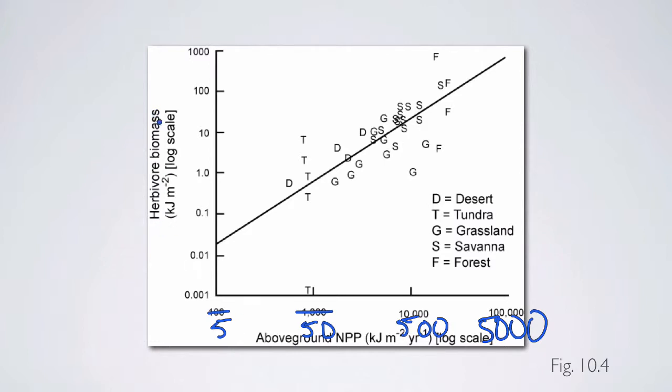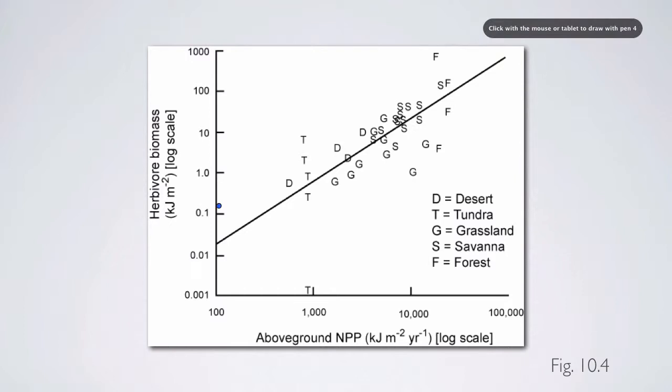And here's herbivore biomass, kilojoules per meter squared per year. You can see that when this is 100 on the kilojoule side of things, the relationship is on the order of 3 orders of magnitude less. Here we're at 10,000, and this is 10, and again, that's a 1,000-fold difference.